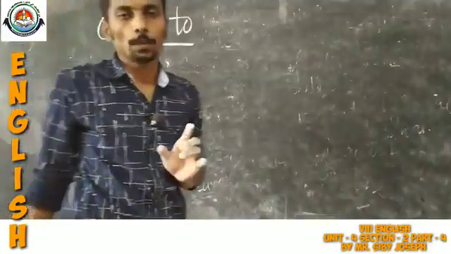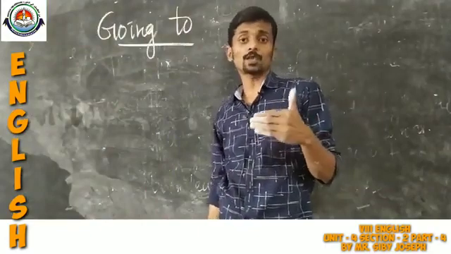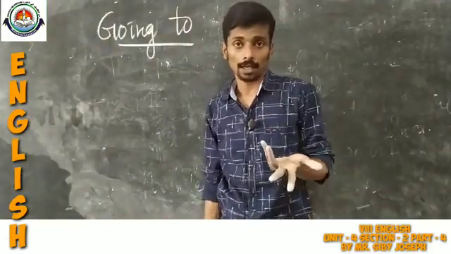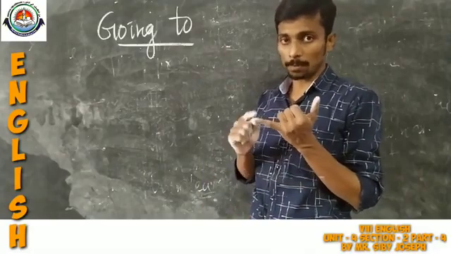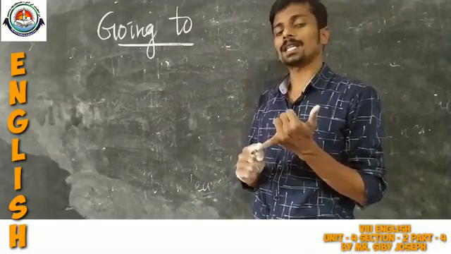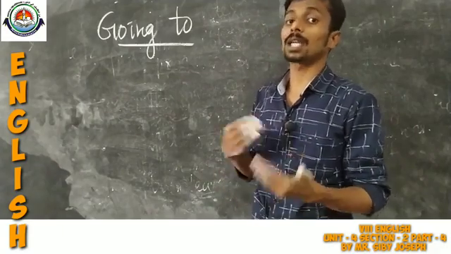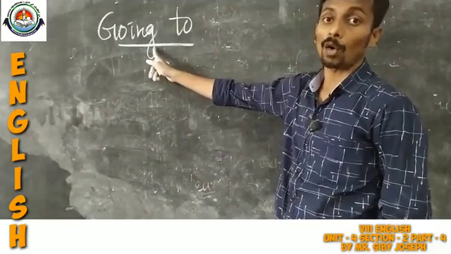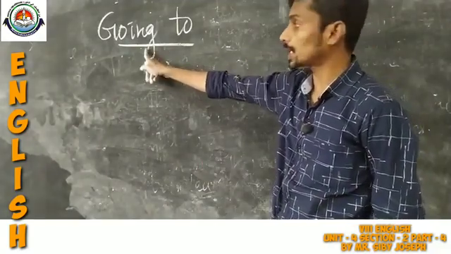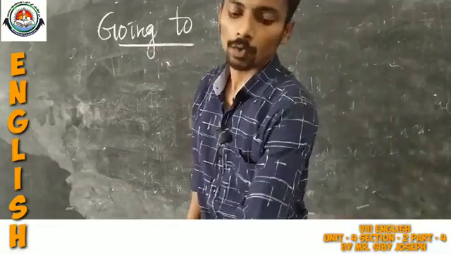So we have so far discussed that there are several ways to speak about the future in English. We have already mentioned that simple present and present continuous can sometimes be used with a future meaning. This is another way of talking about the future in English: going to. Now, take your textbook.